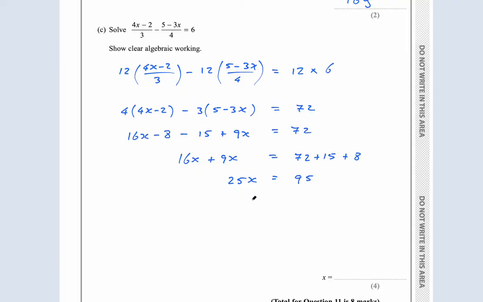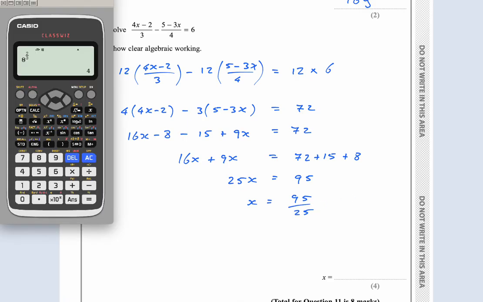So 25x is 95. X is 95 divided by 25. What is 95 divided by 25? Let's find out. 19 over 5 or 3.8.